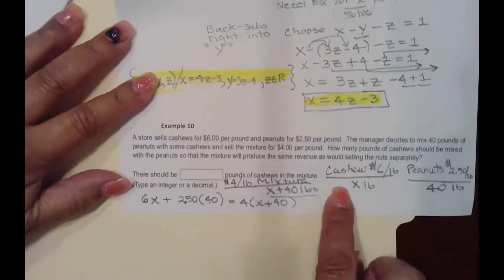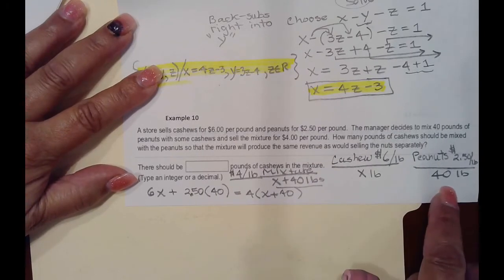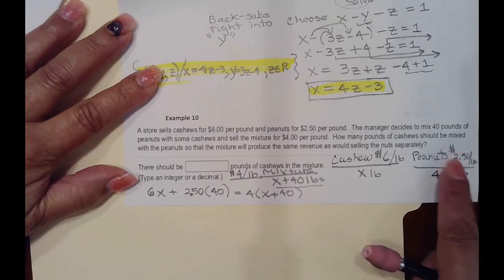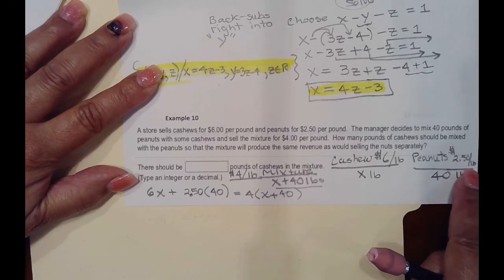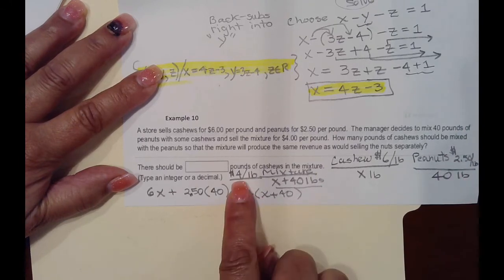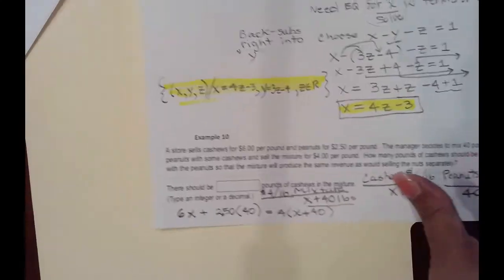Okay, so I just copied this equation from the previous page, and I'm going to solve for x. When we solve for x, we're going to know how many pounds of cashews should be mixed with the cheaper nut, the 40 pounds of peanuts at $2.50 per pound, in order to come up with a nice mixture that's in between these two prices. So that's what we're solving for here.